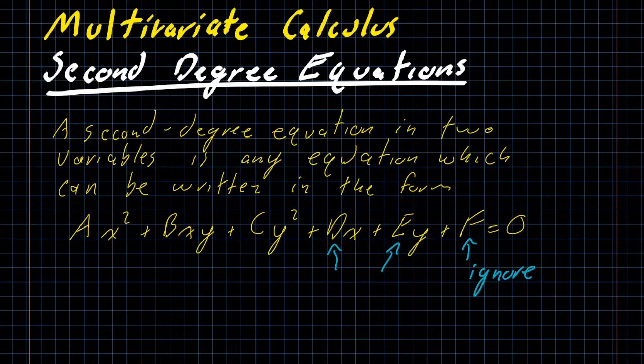These two parameters, d and e, are used for translation. They will shift the graph. D will shift the graph left and right. E will shift the graph up and down. Not directly. It's not a one-to-one thing. You have to do some work to get there.